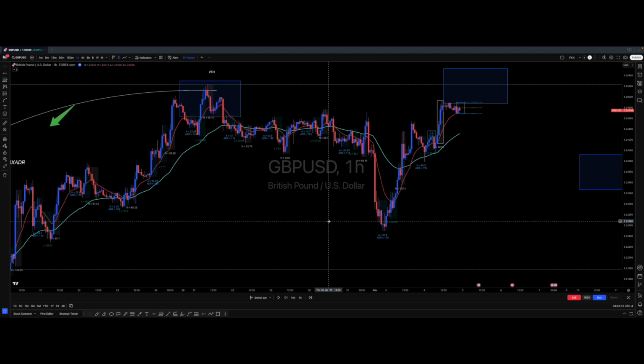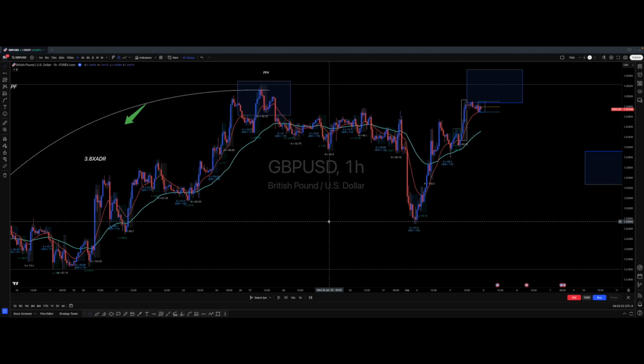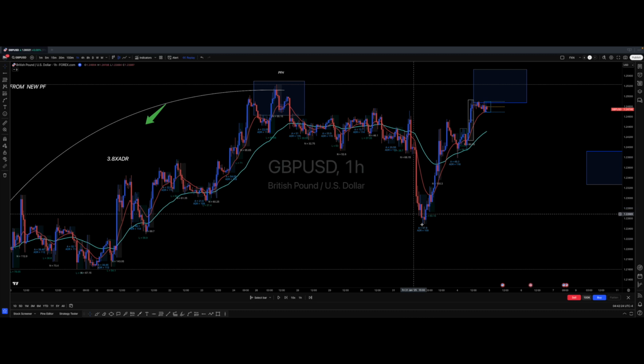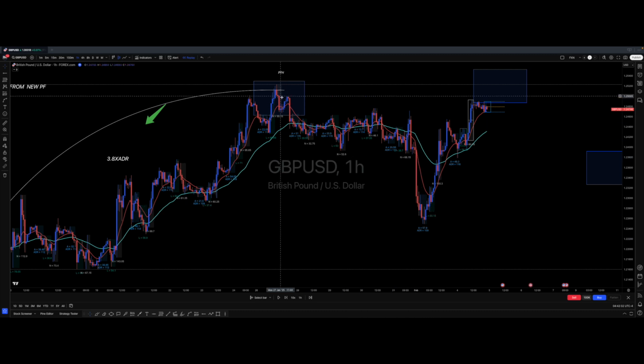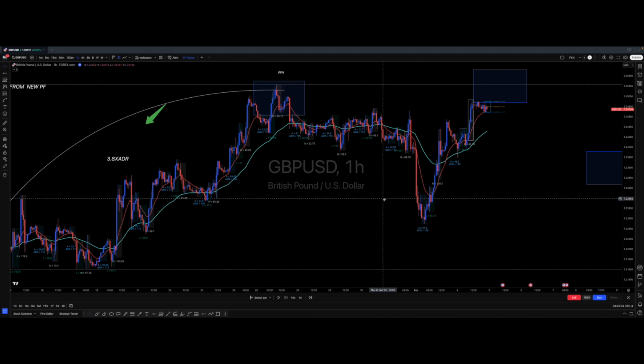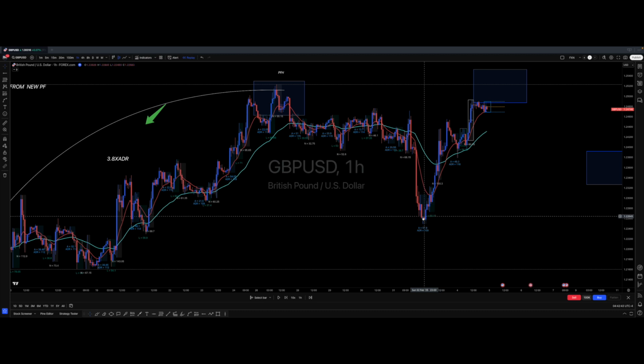So let's just keep it simple and say 114. That goes 2.4 times ADR. So this doesn't qualify for a peak formation, because in order to complete a new cycle you need at least 2.5 to 4.5 times ADR. So that does not give us a full cycle.